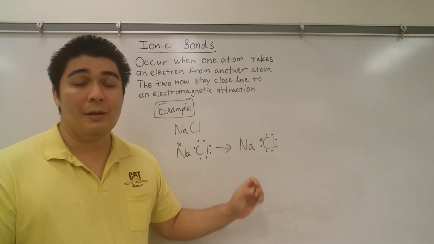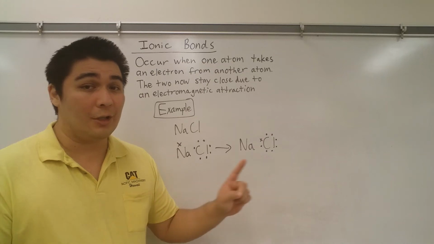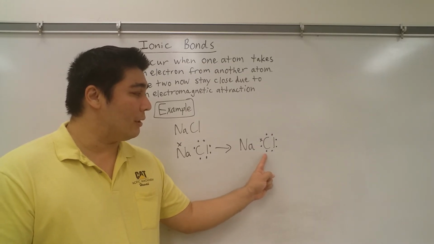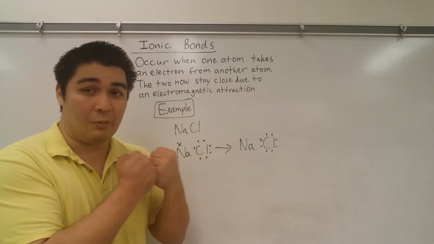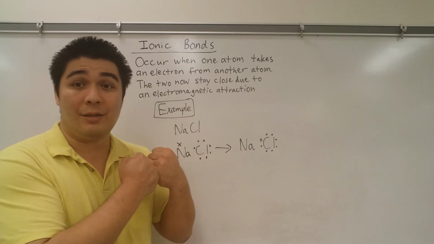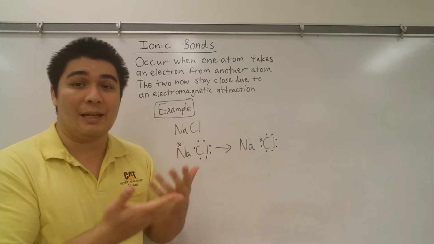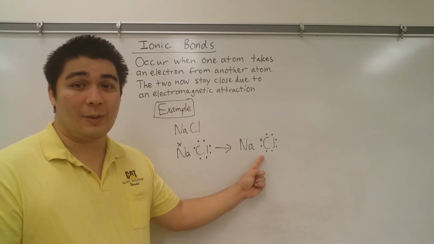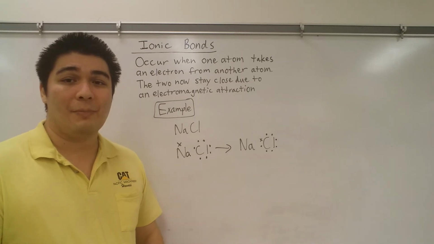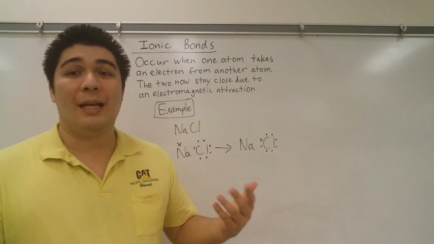The sodium atom is happy, although it is now positively charged, so it's going to float around very close to the chlorine atom, whereas the chlorine atom pulls that electron really tightly, so now it is basically complete. It has fulfilled the octet rule, but it carries a negative charge, which is why the sodium atom stays close to it. So this would be an example of an ionic bond.